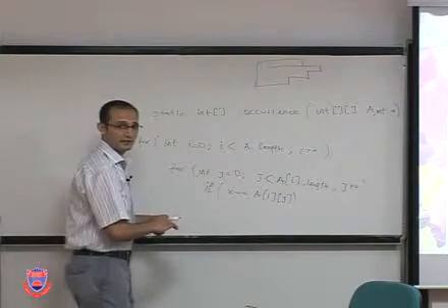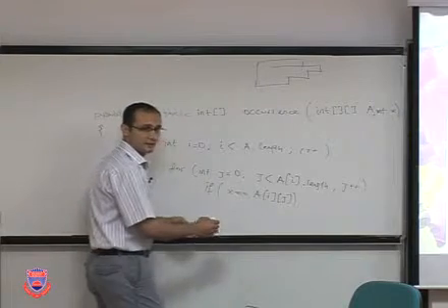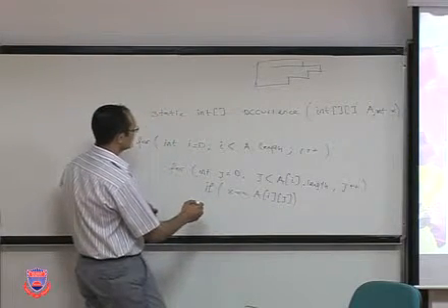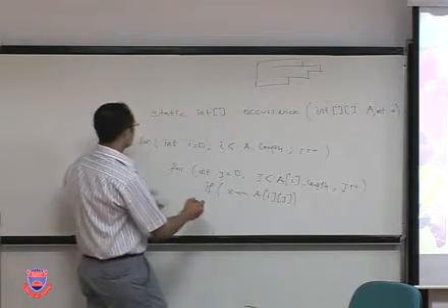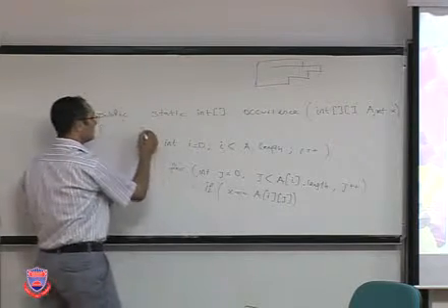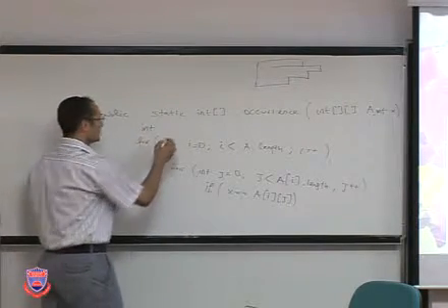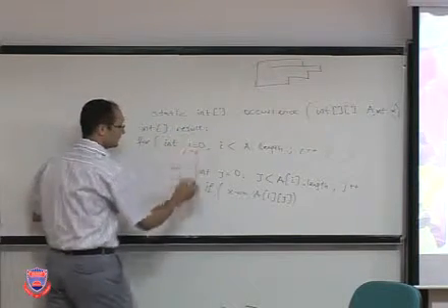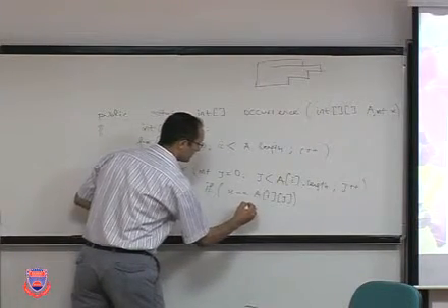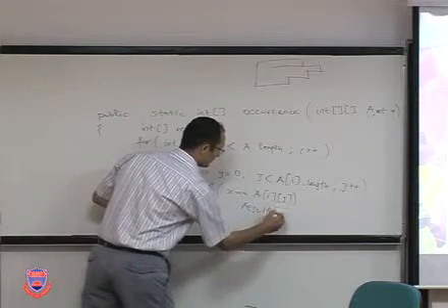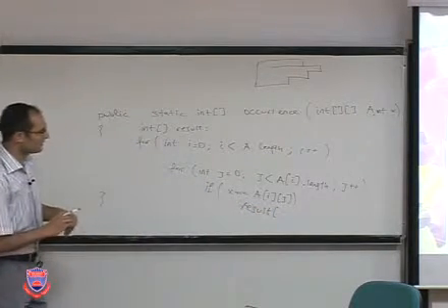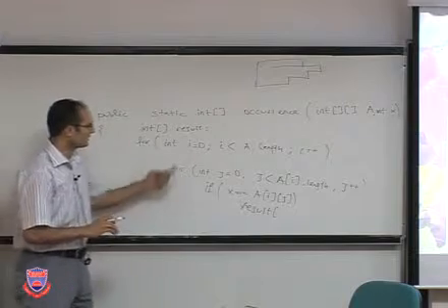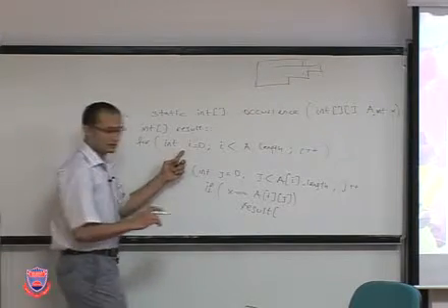You will increment the counter, which is kept in an integer array, let's say int array result. What will I increment here? result[i] by 1.